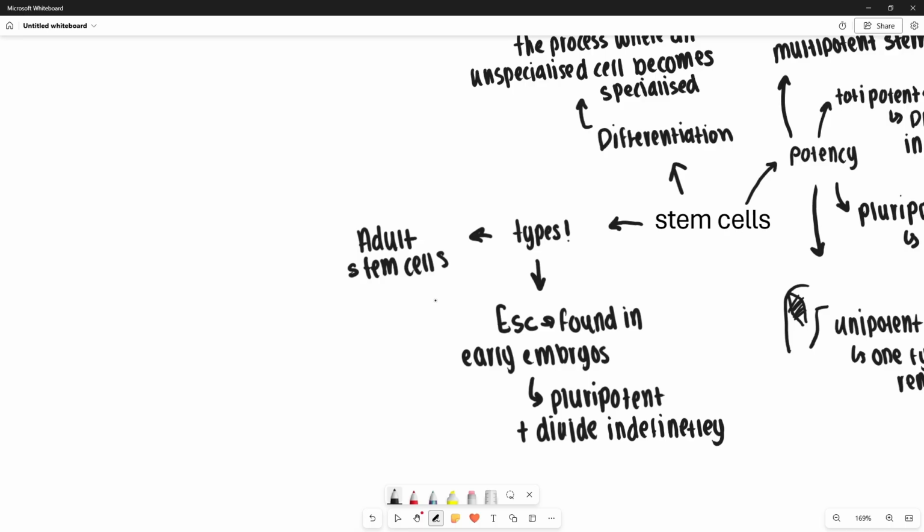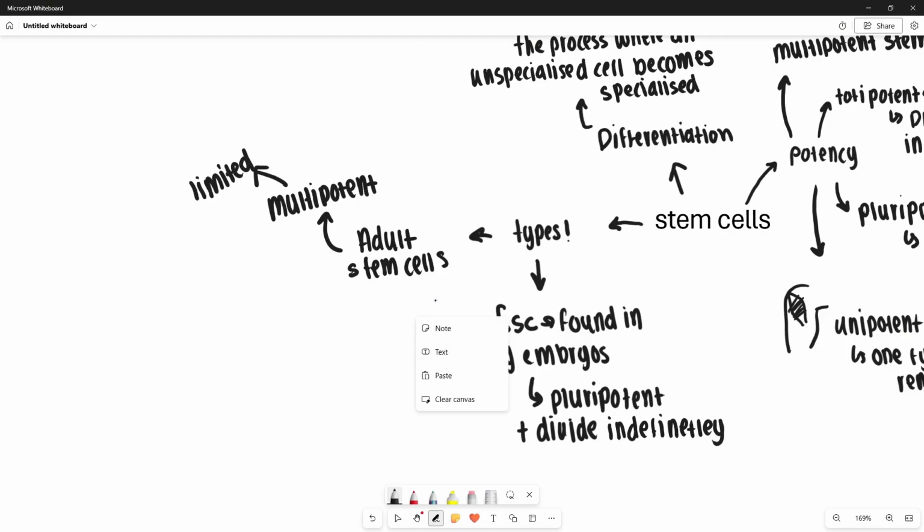They act as a repair system in the body. So, adult stem cells are multipotent, meaning they can only differentiate into a limited range of cells, and are found in bone marrow, skin, and brain.